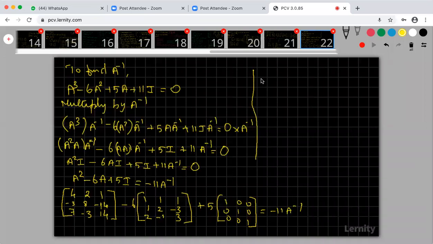Okay, so now add these three matrices. This is 4, this is minus 6 into 1, this is 5 into 1.